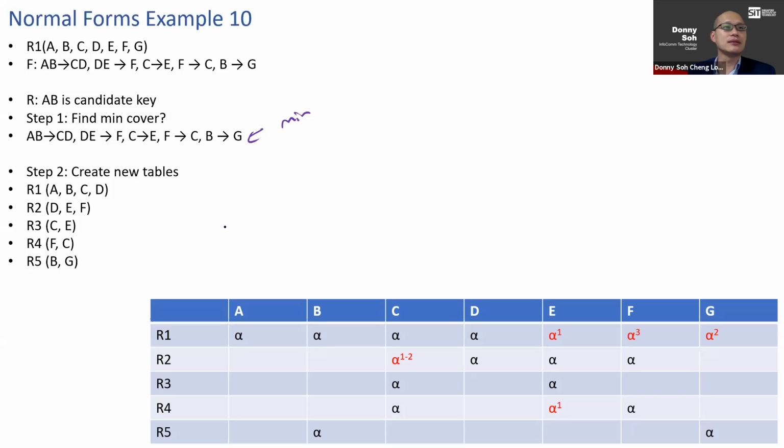So definitely this is functional dependency preserving. The other thing is whether it is lossy or not. So I have A, B, C, D, E, F, G over here. Maybe I do it again so that it will be clearer.